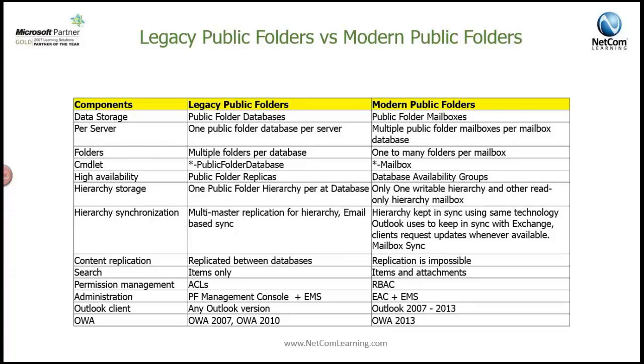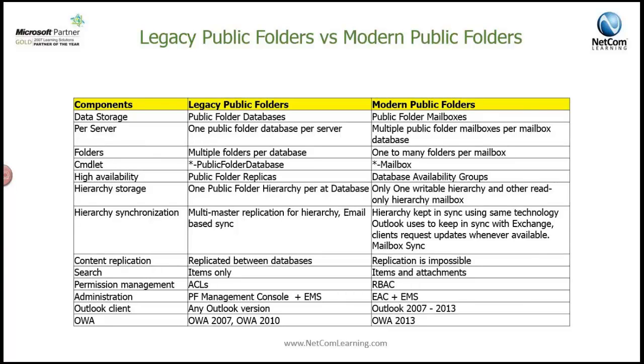In legacy we managed the permissions using ACLs, and now we manage the permissions using RBAC. For administration, we used the public folder management console and Exchange Management Shell in legacy, and now in modern public folders we have the Exchange Administration Center and Exchange Management Shell.